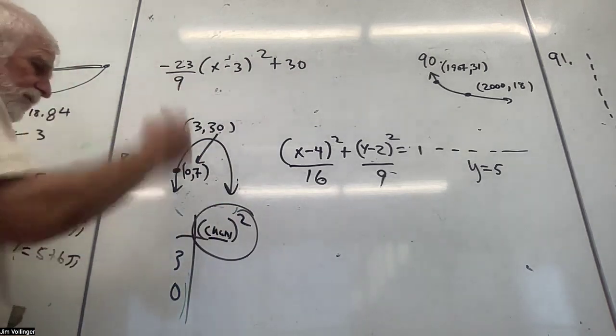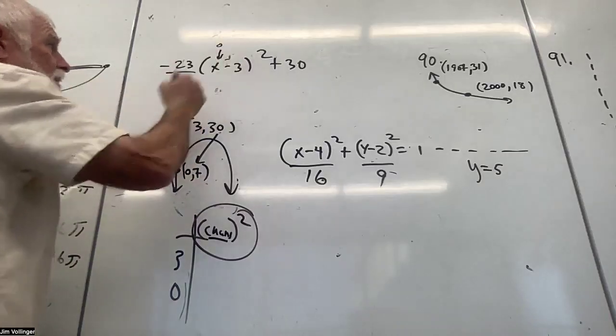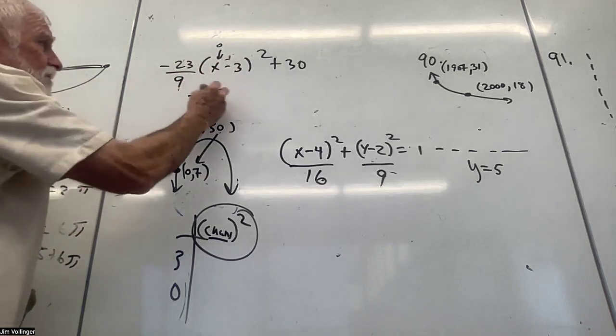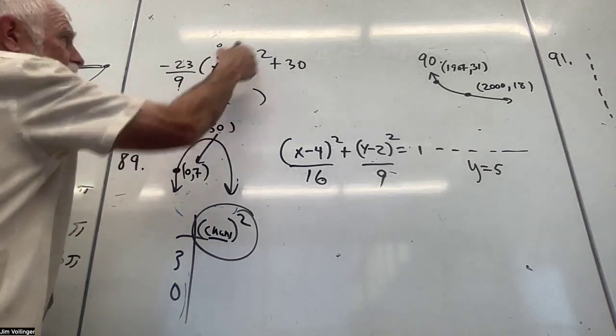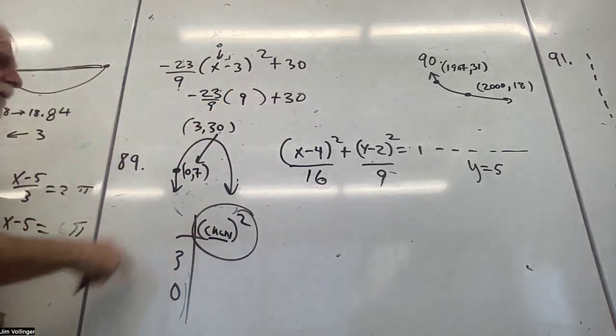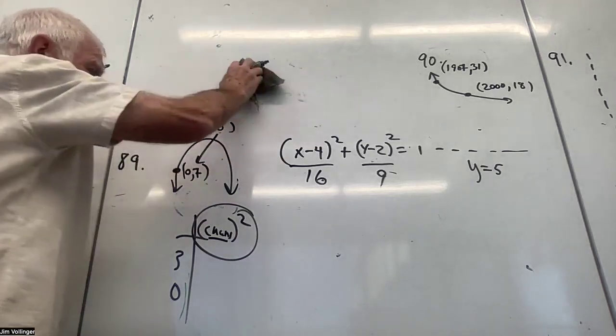So that's 9 units. So let's see why 0 gets us 7. Plug 0 in and do the math: minus 23 ninths. 0 minus 3 squared is 9, plus 30. You do the math, and I think you'll see 0 gets you 7. Okay, so that one's done.